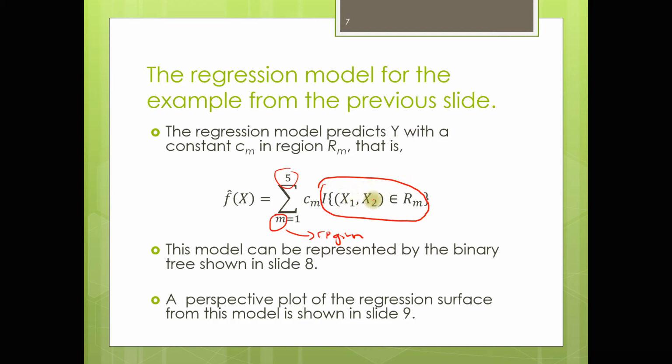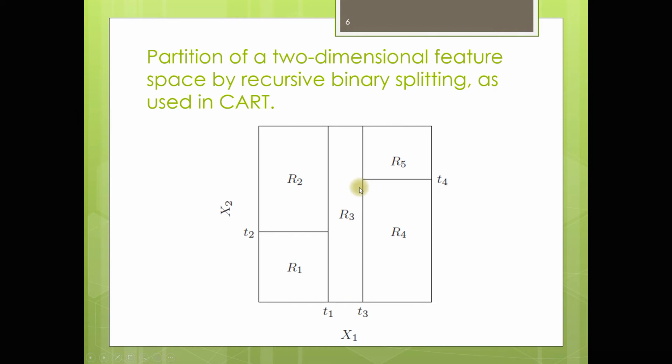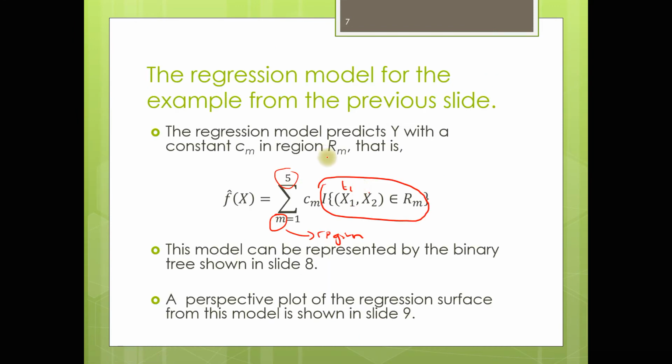So x1 and x2 refer to values at certain split points. For example, x1 and T1, you remember the example of x1 and T2 being either less than a certain value or greater than a certain value. So that's the indicator function.